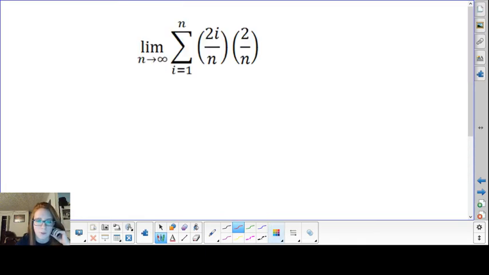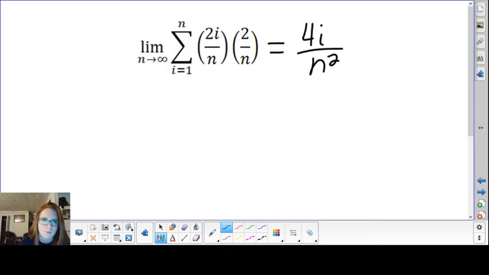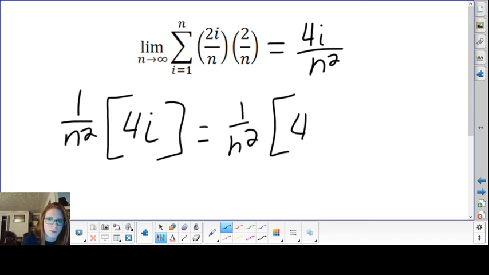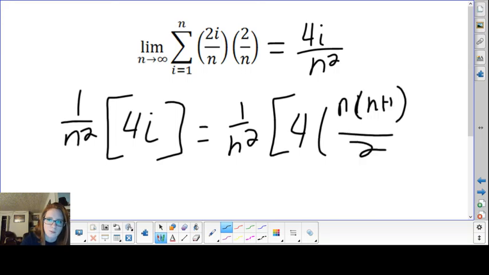Also, just like when we did with our integration, sometimes we have to simplify before we can find it. It makes no sense to try and plug all the different pieces in because I'm still going to have to take the limit. So let's go ahead and multiply. So 2 times 2 is 4, and times n is n squared. So I'm going to take the limit of this summation. So I'm going to go ahead and take out my 1 over n squared. That leaves me with 4i. Which means that it is equal to 4 times n times n plus 1 divided by 2.